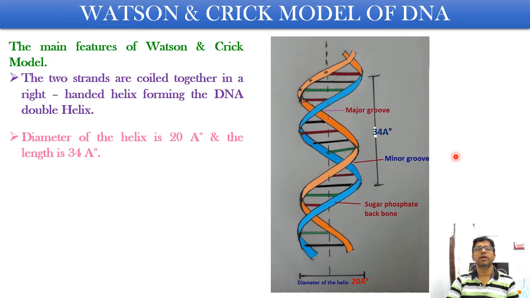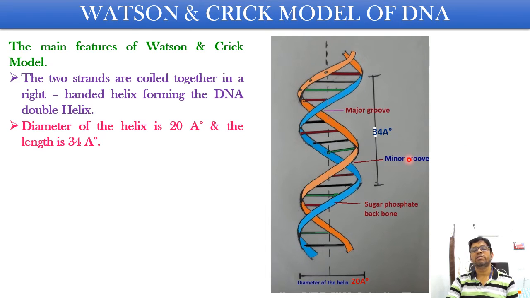And the next point is that the diameter of the helix is about 20 angstroms and the length of each coil is 34 angstroms. Here you can see the diameter from here to here. The diameter of the helix is about 20 angstroms.